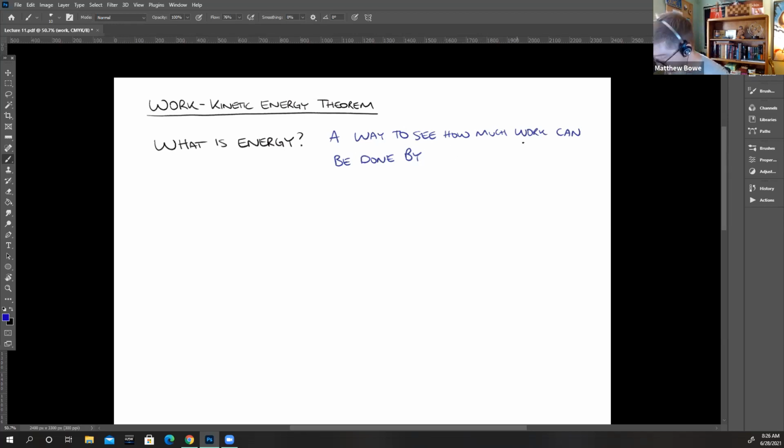It's a way to see how much work can be done by a system. How much energy can a crane offer to other things? That's relating it to that previous problem. There are many different types of energy. We'll get into several other types later on, but for right now, we're going to talk about kinetic energy.